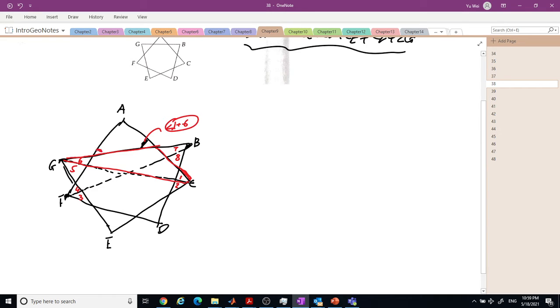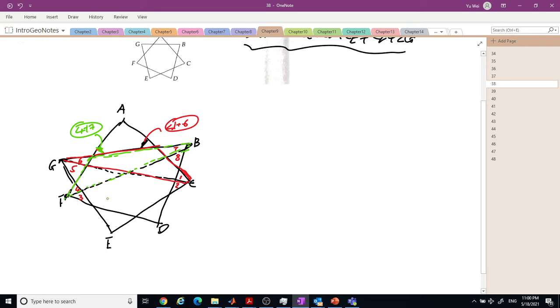And this angle is the exterior angle of this triangle, so it is equal to 4 plus 7.